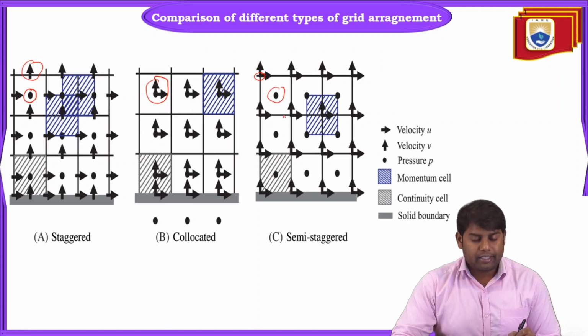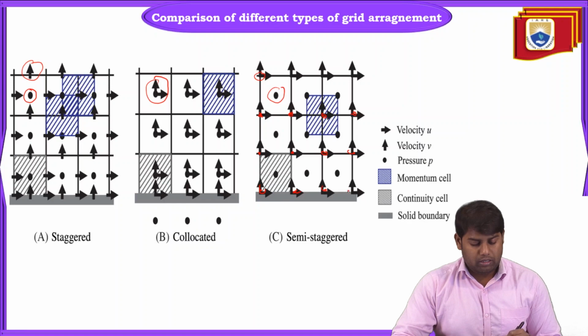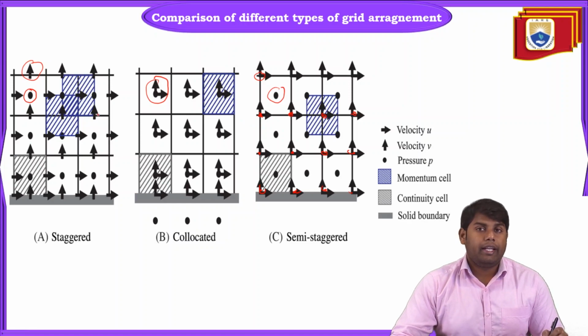Basically, at the intersection of x lines and y lines, we get this grid point. So these are grid points, and at the grid points we store the vector values. For the staggered and collocated, we did not store any values at the grid points.